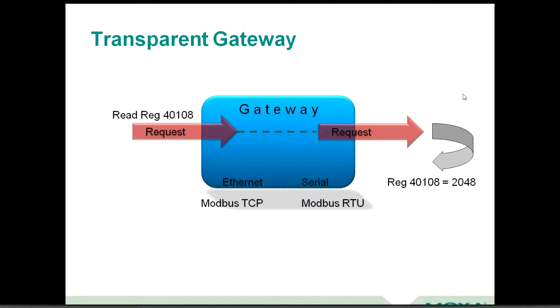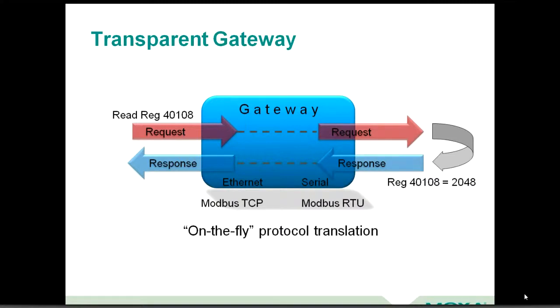Here's how many watts we're consuming. And after that, it comes back through the gateway, doing an on-the-fly conversion from Modbus RTU back to Modbus TCP, basically giving you your result. We call that an on-the-fly protocol conversion. So we're going from TCP through the gateway, doing the conversion, getting the data from the attached device and coming back. It looks pretty simple here on the slide, but when you look at what's happening inside the product, it's really neat that it makes it so easy and so transparent to what you're working with.